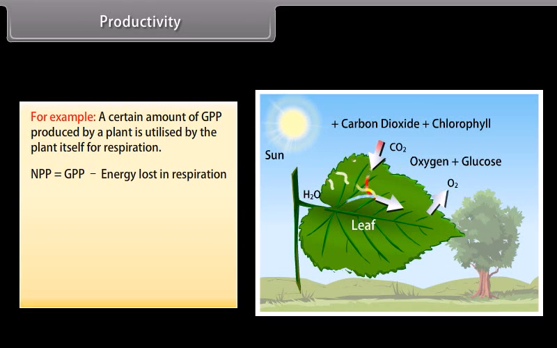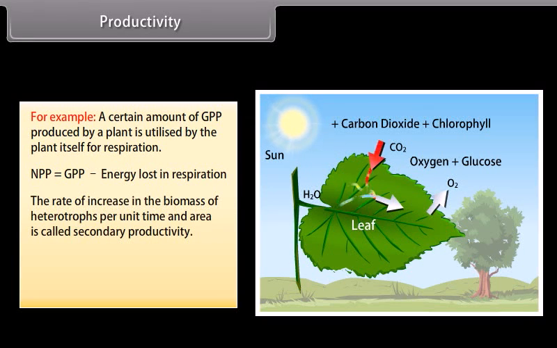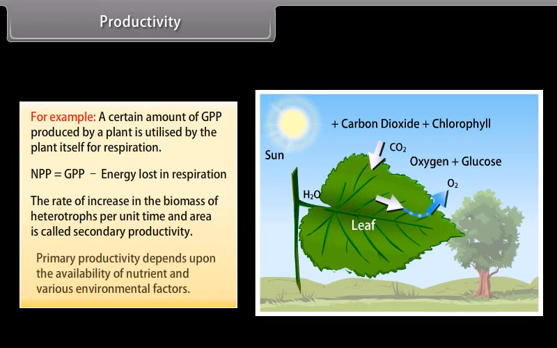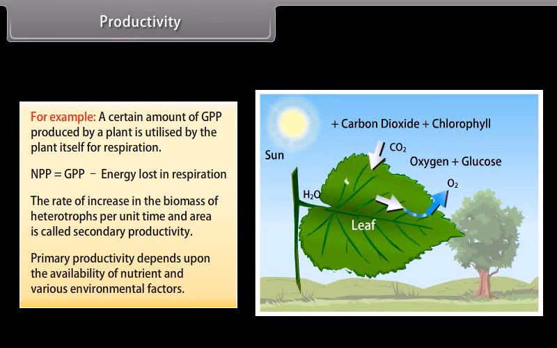NPP is equal to GPP minus energy lost in respiration. The rate of increase in the biomass of heterotrophs per unit time and area is called secondary productivity. Primary productivity depends upon the availability of nutrient and various environmental factors.